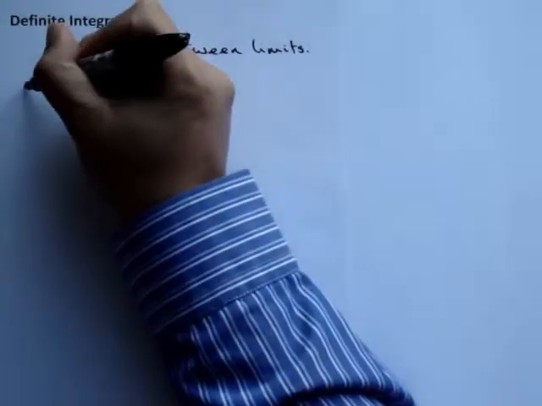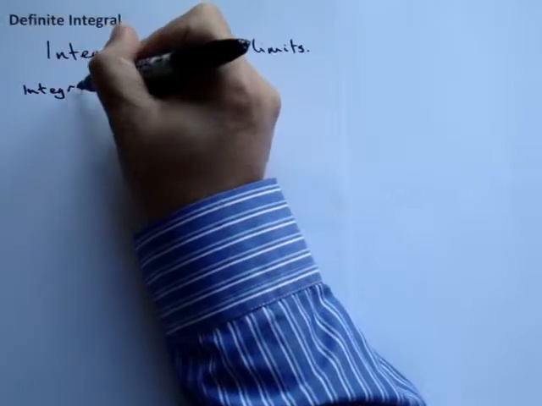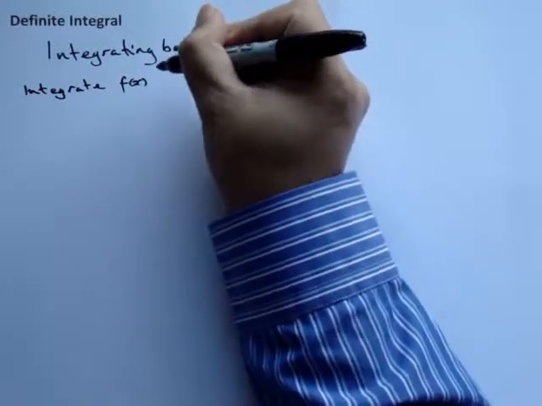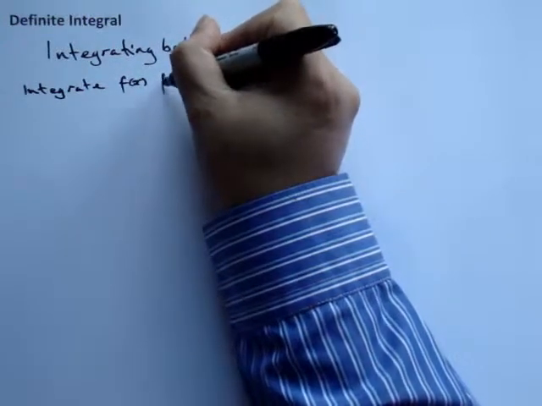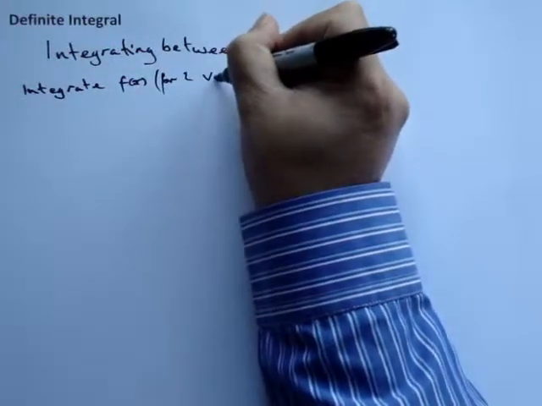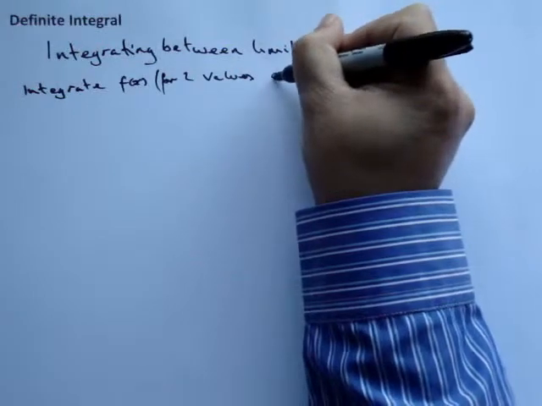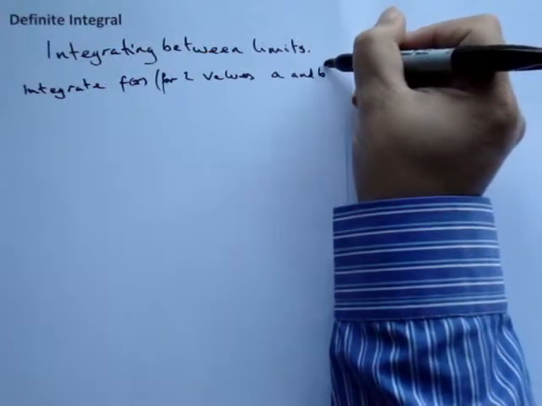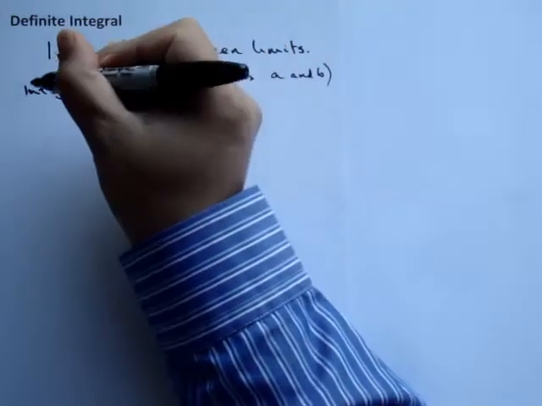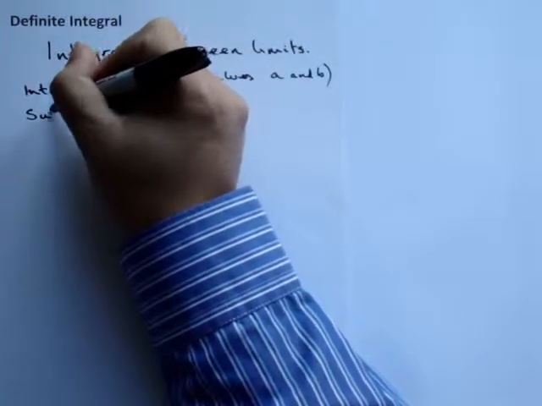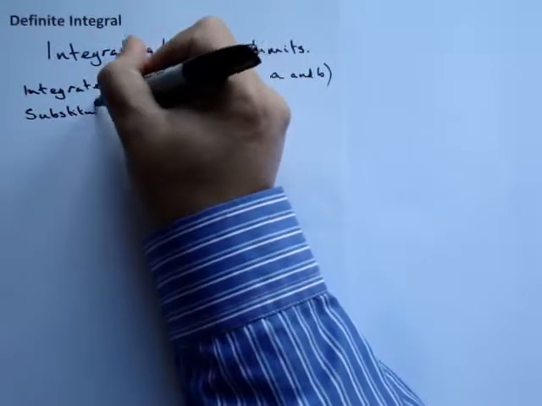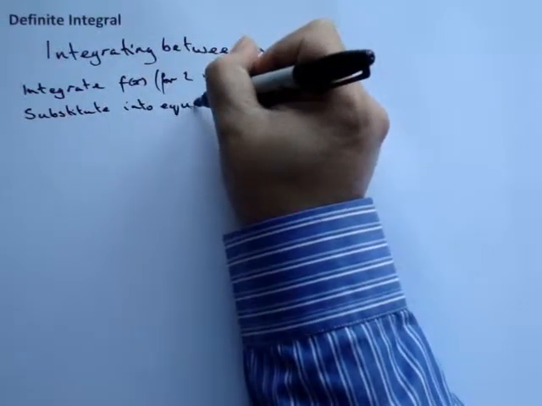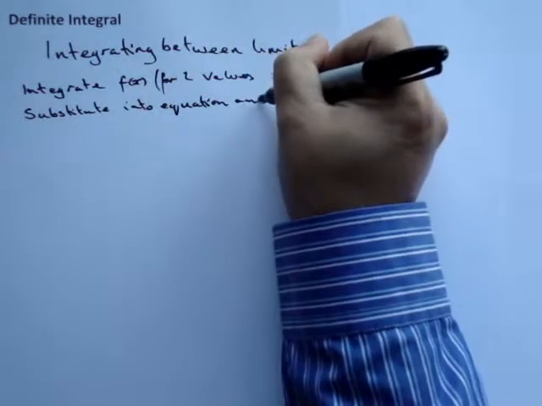We integrate f of x with respect to x for two values a and b, and then what we do is we substitute into the equation and subtract.